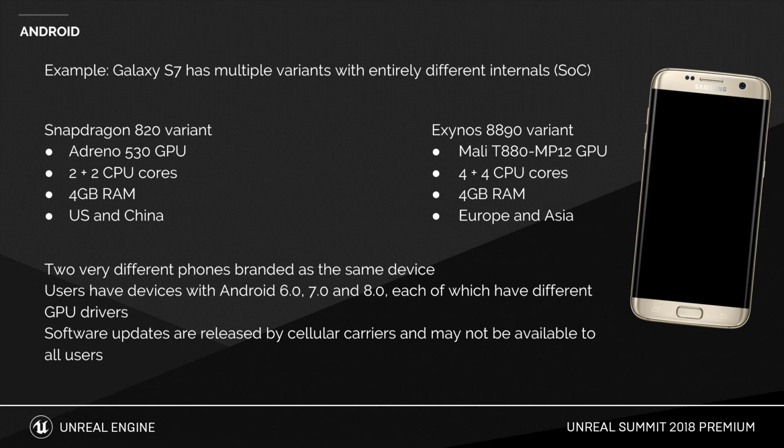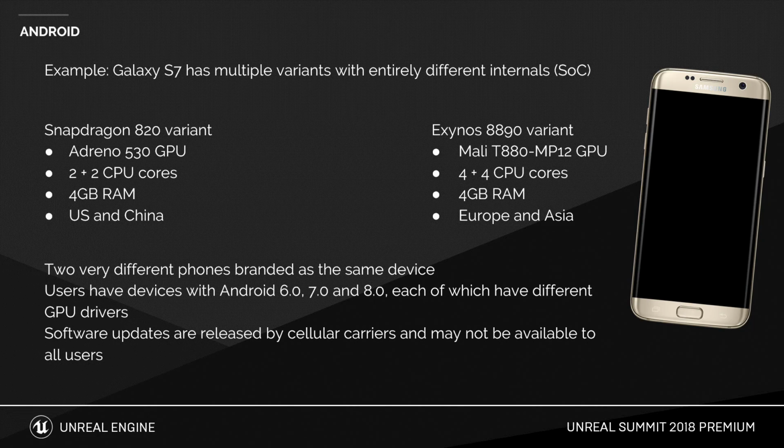And because in the Android ecosystem, many carriers will modify the versions of the software, so they'll install their own software on the particular devices, and therefore software updates need to be distributed by those carriers.